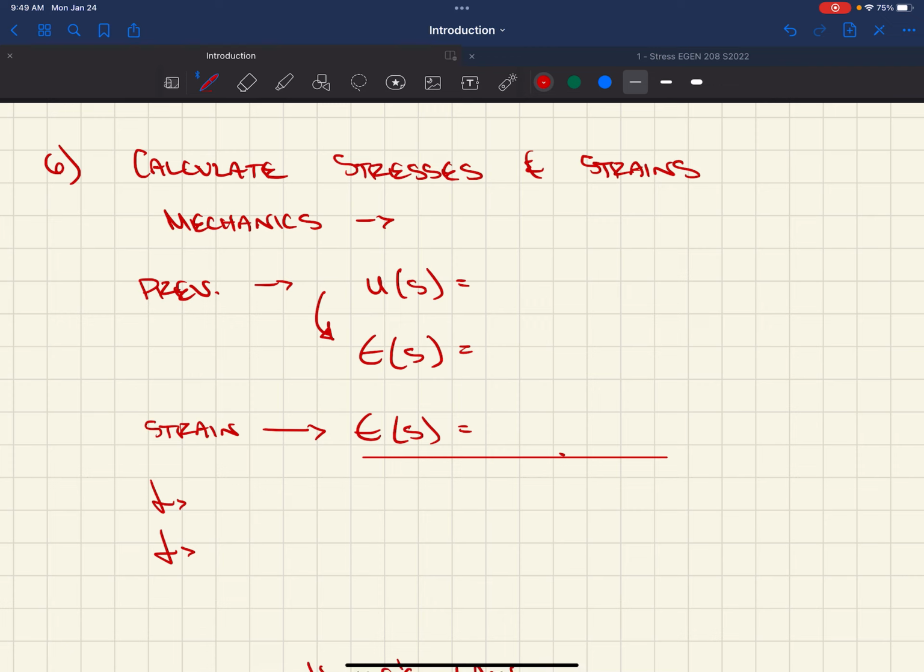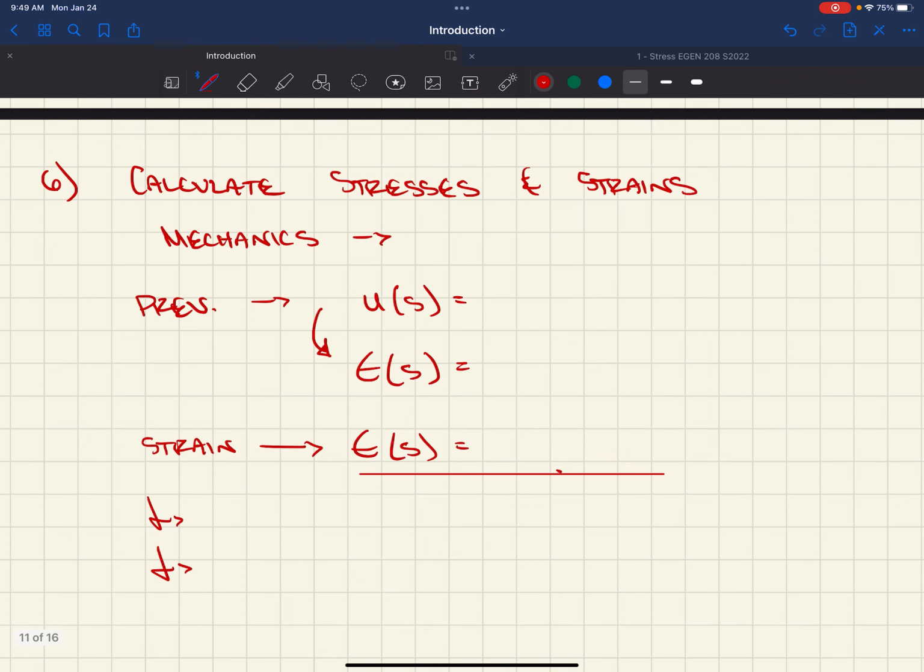Eventually, we're going to want to know what our stress and our strains are. Our stress and our strains come back from mechanics again. Strain is the change in length over the original length. In our case, our change in length, that's our displacement, U. So we want du.